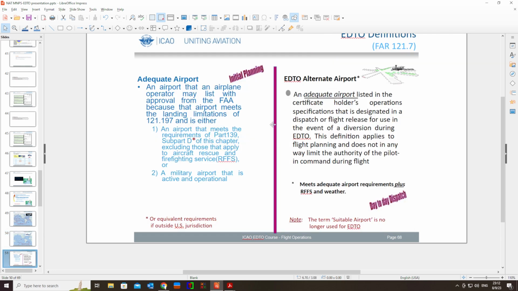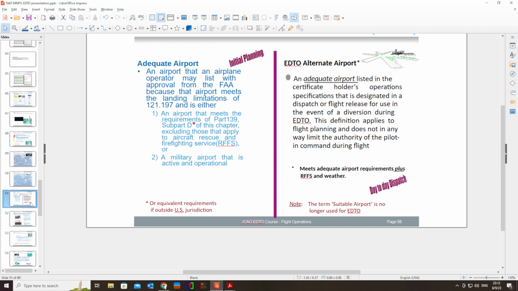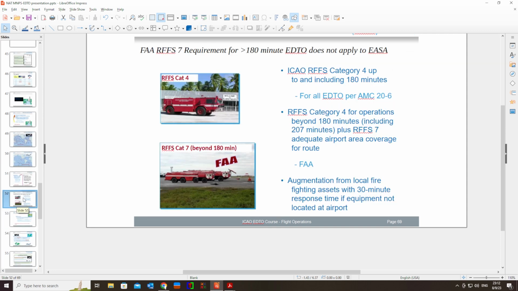Other airports, alternates, I presume that everyone knows about it. The RFFS is the firefighting category, which needs to meet certain criteria and depends on the aircraft. If you have Cat 7, Cat 8, Cat 6 is good to go for bigger airliners. Below that, it's not a good case.